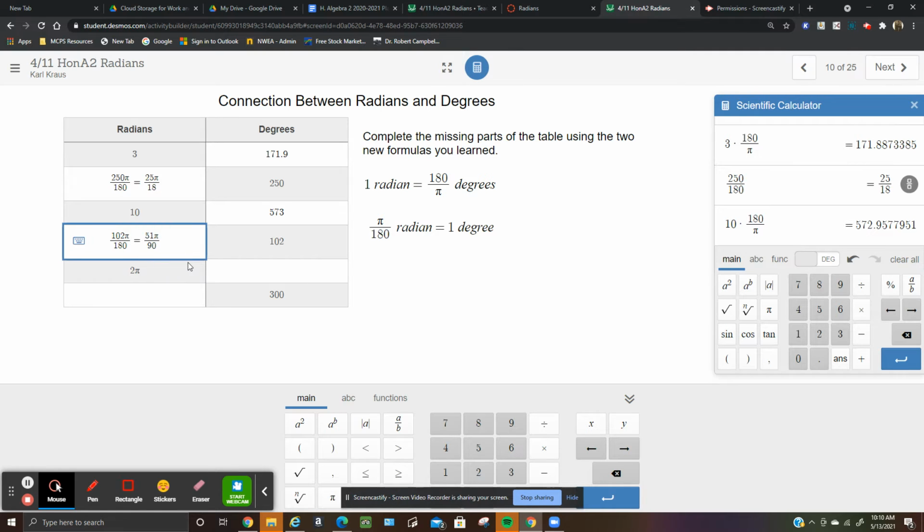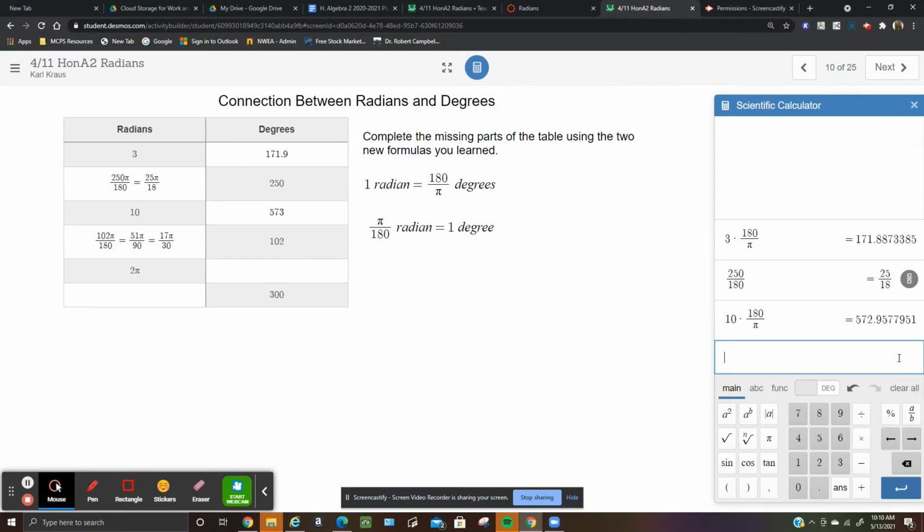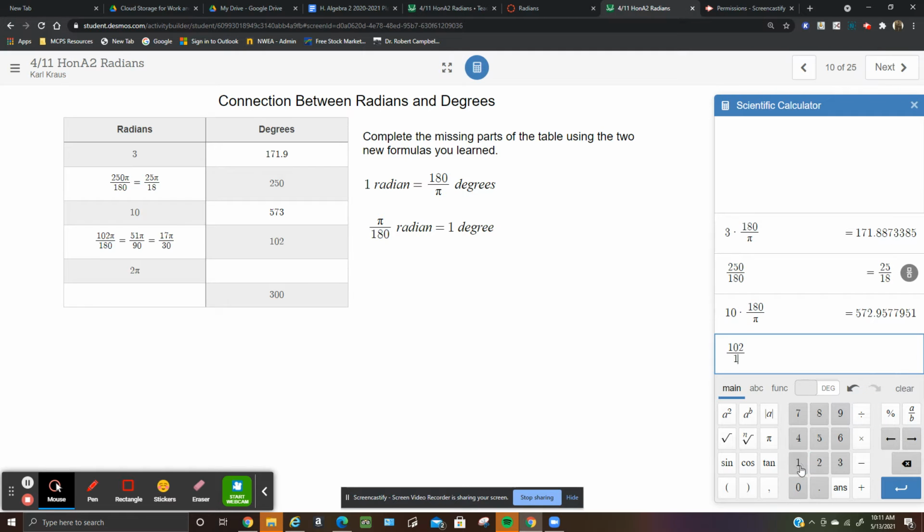And then 3 divides 51 and 90, so 17 pi over 30. And if I'm having problems, once again, I could just do 102 divided by 180 and then hit the fraction bar, 17 over 30.